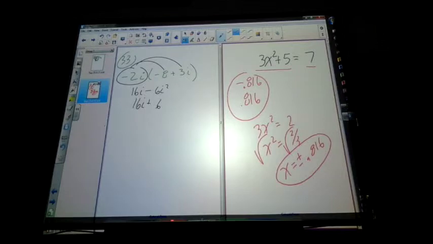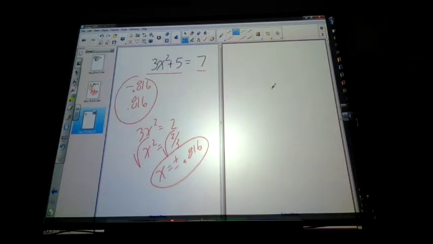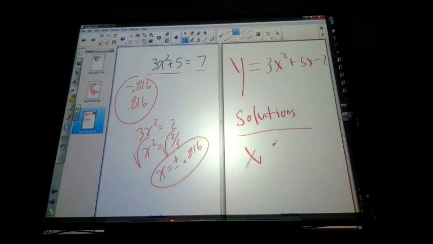What would you do if I wanted you to solve a graph? If I had this as a graph, y is equal to, a parabola. If I wanted the solutions, the solutions to this problem are where it crosses the x-axis.